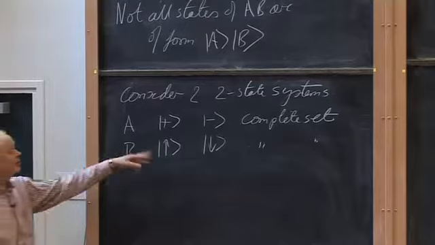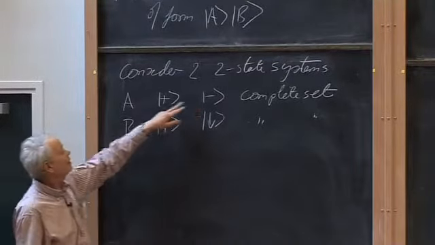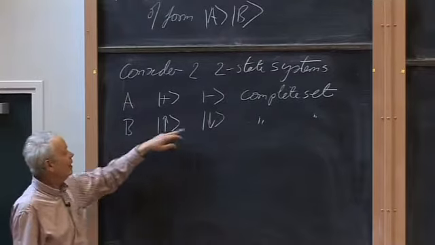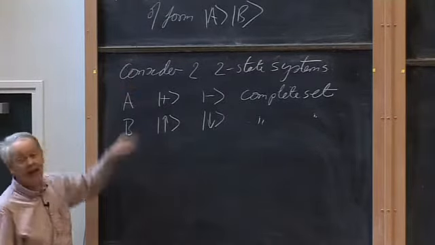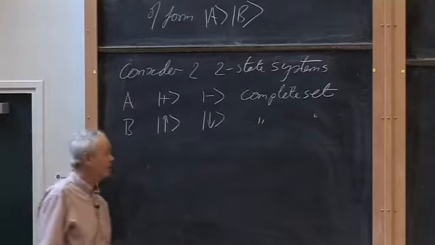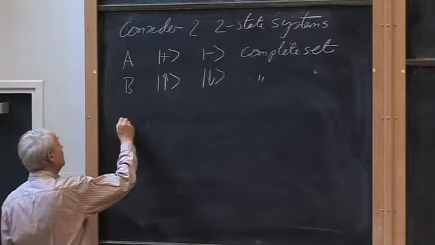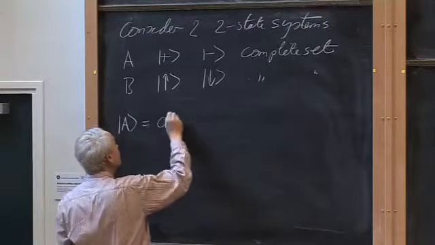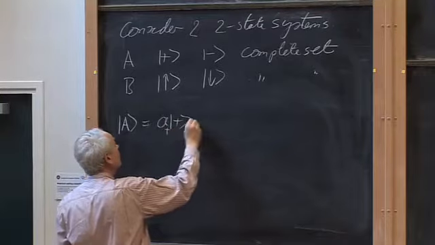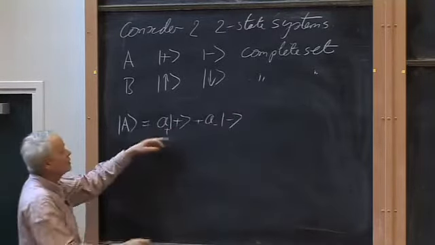This is just notation that enables us, by using a plus sign and a minus sign for A, and an up arrow and a down arrow for B, to avoid the necessity of writing down these pesky A, B labels, right? Let's now consider, let the state of A be A plus plus A minus minus. So this is a general state, okay?